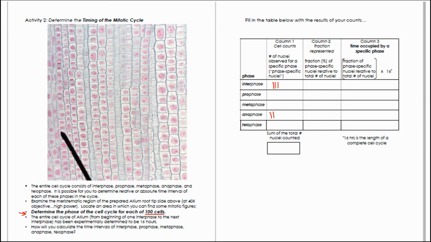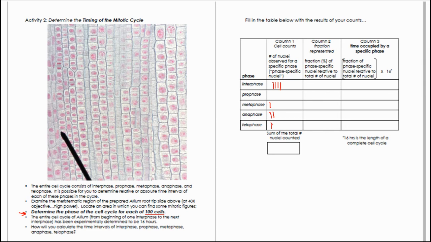And let's go look at a couple of other phases. Like this one, we could still call this an anaphase, or we could decide that this is a telophase. Just mark that one. This is an interphase. Let's see if we have this one is a metaphase right here.